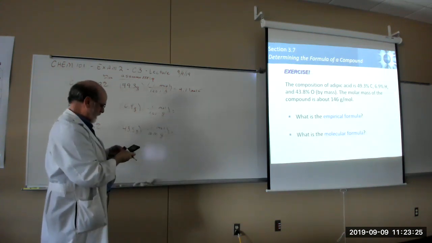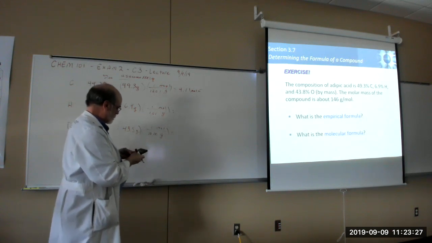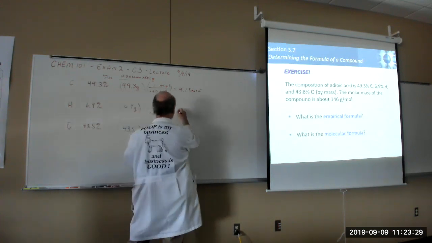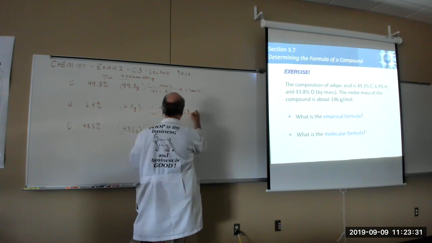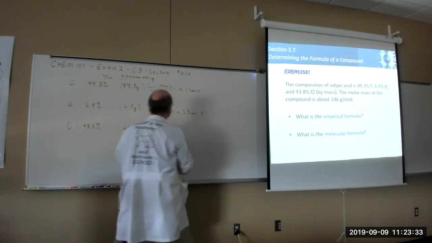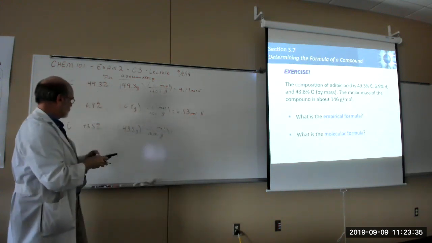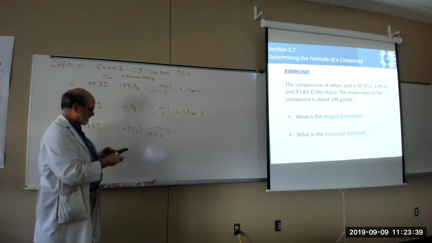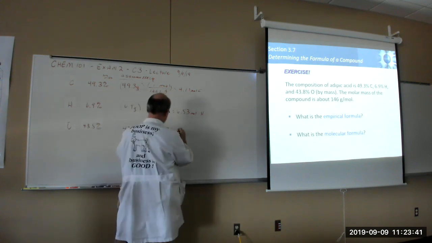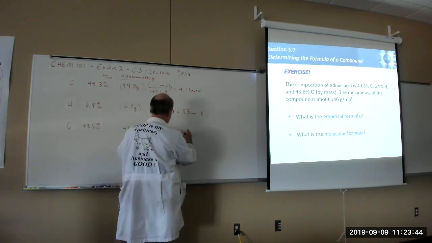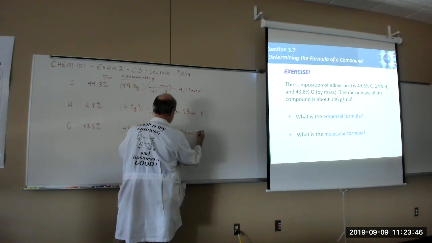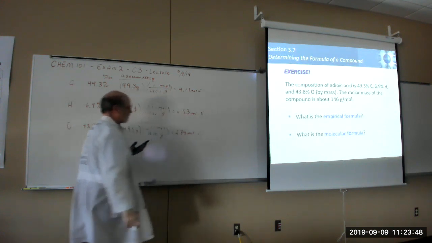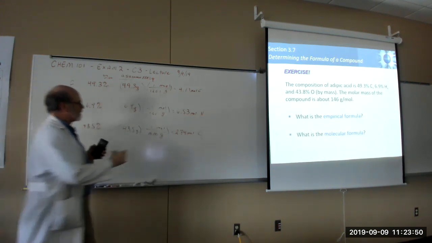And 6.9 divided by 1.01 is 6.83 of hydrogen. And oxygen is 43.8 divided by 16, is 2.74 of oxygen. Okay, so there we have established a ratio.